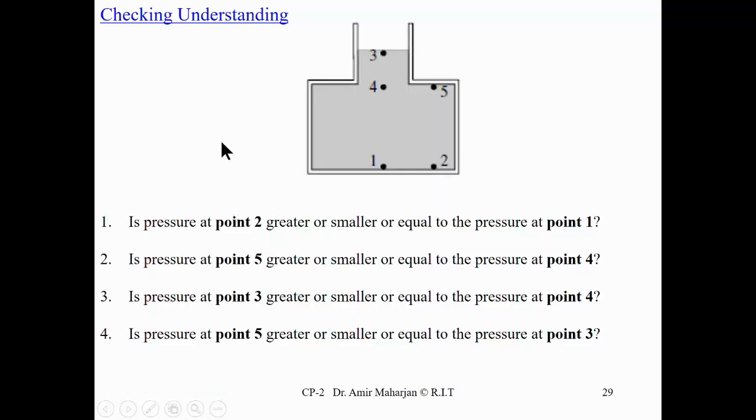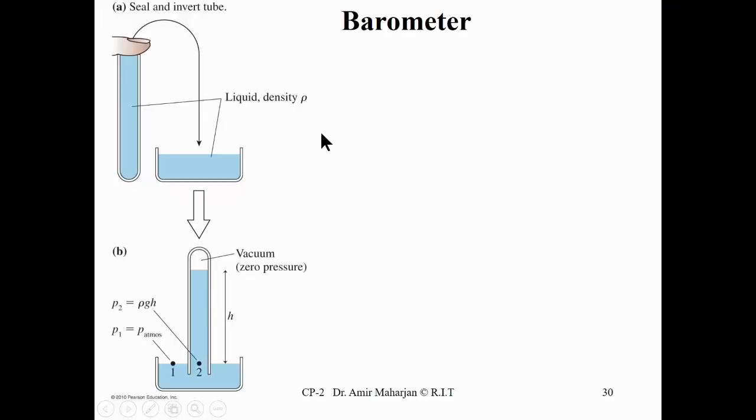And here's an example that I will assign. The barometer works on the same principle. People used to measure atmospheric pressure using a very simple device called a barometer. A barometer is basically a very strong tube filled with mercury.